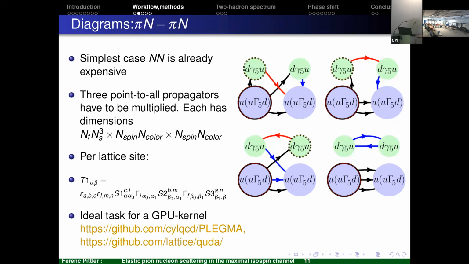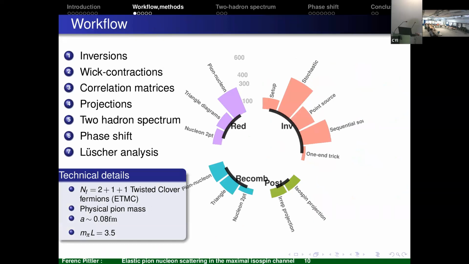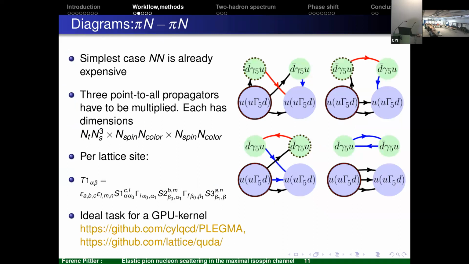I also want to mention that these numbers for the inversion would be much larger if we did not use the highly optimized inverter from QDAR, which was developed by an external collaboration by NVIDIA.